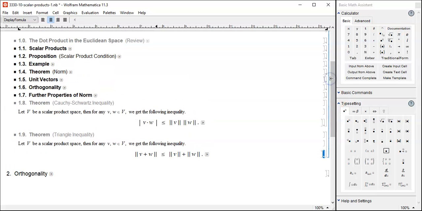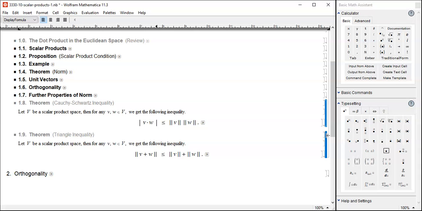Triangle inequality or subadditivity of the norm and Cauchy-Schwarz inequality. Both are, as a matter of fact, very, very important inequalities in analysis. Now here in linear algebra, important too, to a certain degree, but I don't know.